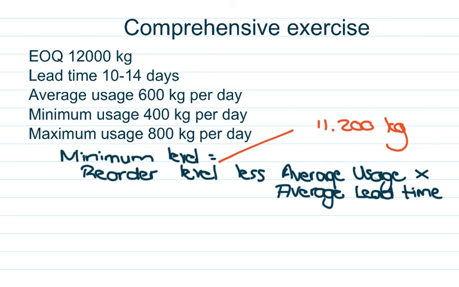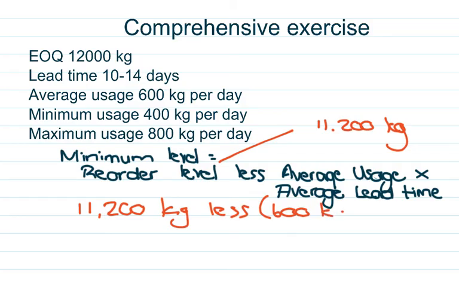All right, so now we calculate the minimum level. For that, we need the reorder level. We already calculated that. That's 11,200 kilos. Less the average usage, and the average usage was given as 600 kilos, times the average lead time. We have 10 to 14 days, so the average there will be 12.